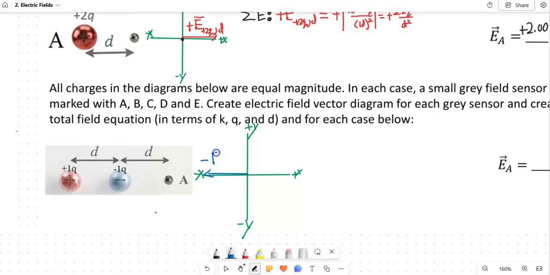That electric field is due to a negative 1Q, and it's a distance D away. The positive 1Q charge is further away, and a positive charge's electric field is pointed away from it in all directions. So it'll be pointed to the right, and it's a positive 1Q, and it's a distance 2D away.